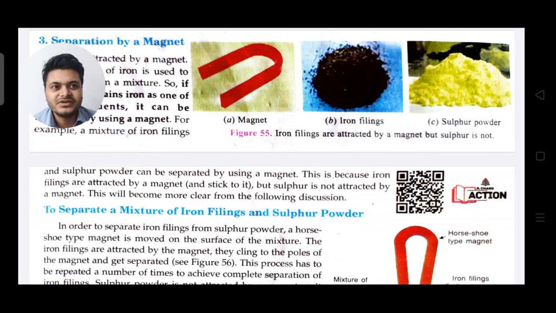If sulfur powder and iron filings are mixed, and I bring a magnet in front of the mixture, then all the iron filings will be separated from the sulfur powder. This is because the iron filings are attracted by the magnet and stick to it, but sulfur is not attracted by a magnet. This will become more clear from the following discussion. By this way the sulfur gets separated from iron filings.